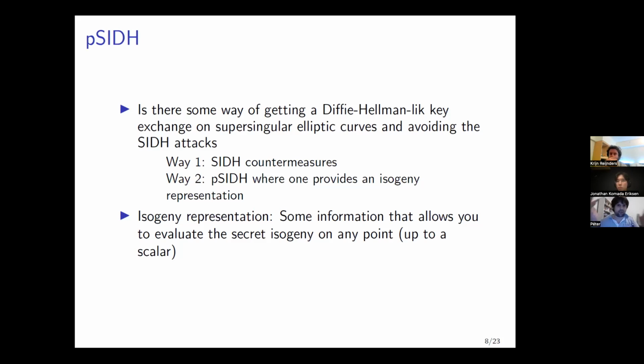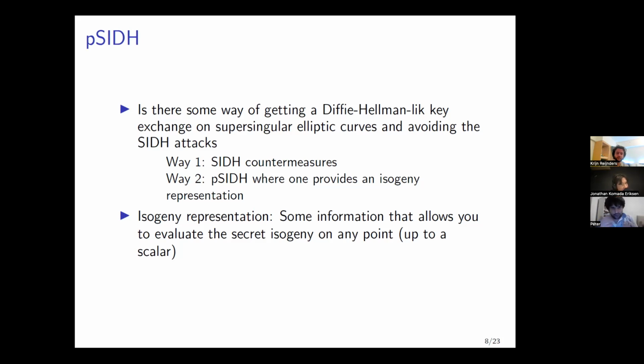So if you view SIDH as, okay, SIDH is broken, but how can you repair SIDH? One version is the usual countermeasures by Petit, Moria, and Fuozza, that you just give away torsion points up to a scalar.